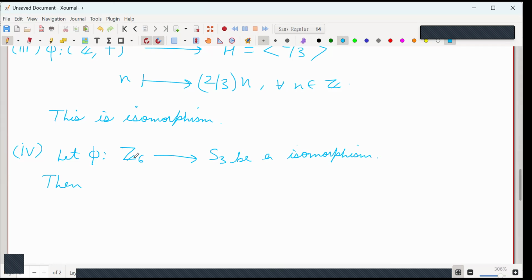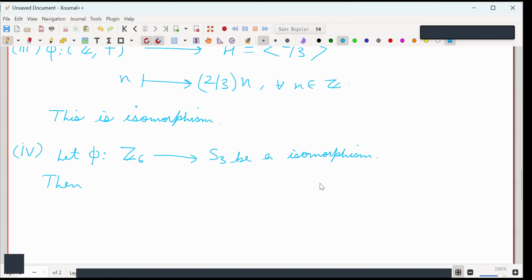Then, what about the other elements? Suppose I map the generator to some element of S3. Then I can show that if I take some powers of it, I won't end up with identity. So I'll end up with a contradiction.